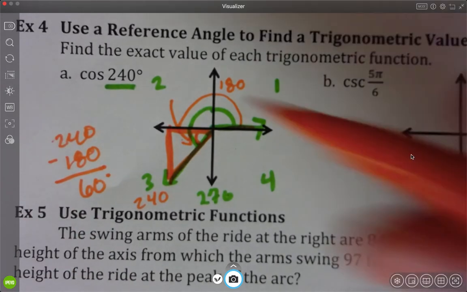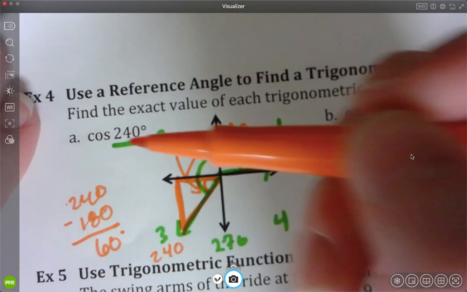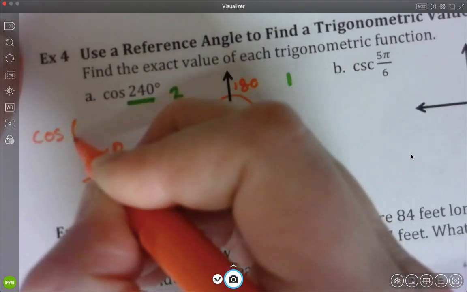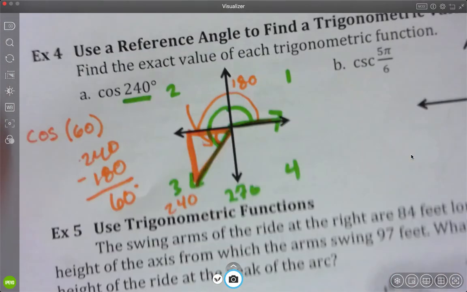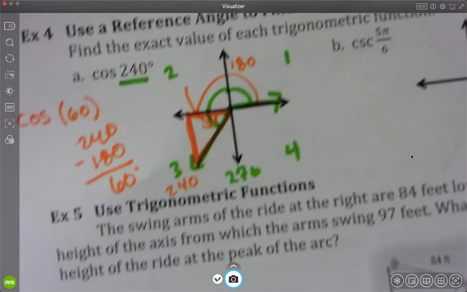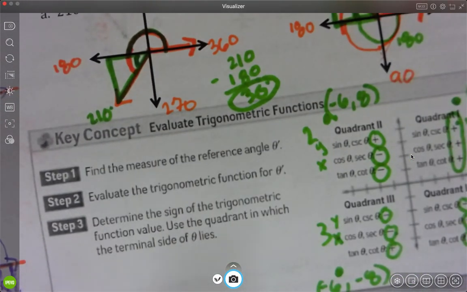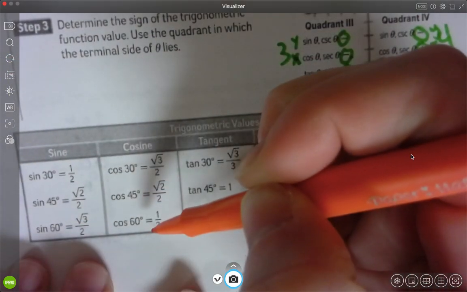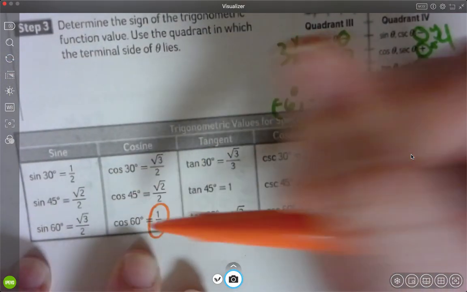Now cosine of 240 is going to be kind of like cosine of 60 degrees. So what I'm going to do now is go back over to this other side and look at this chart down here at the bottom. Cosine of 60 degrees, right here. Cosine of 60 is 1/2.